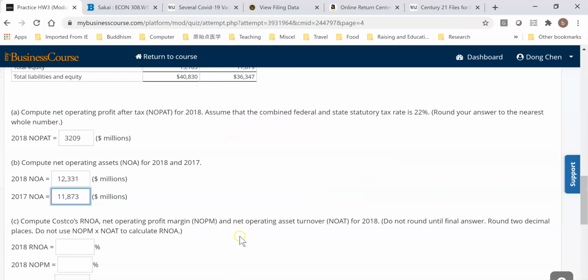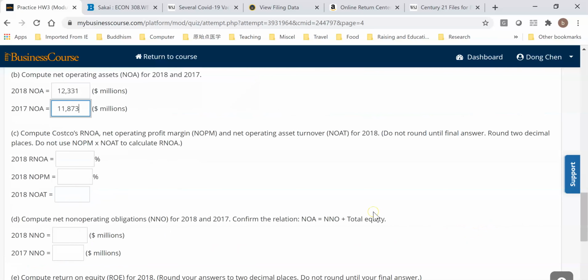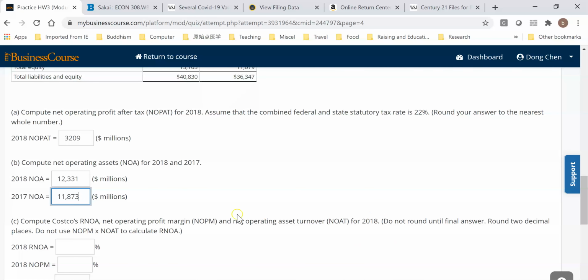Then we need to pay attention to the rounding requirement, round to 2 decimal places. Since RNOA is in percentage terms, this means that we should probably keep 4 decimal places to do this calculation. And do not use NOPM.